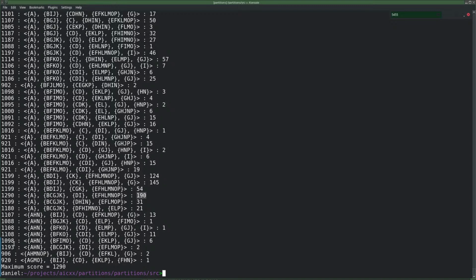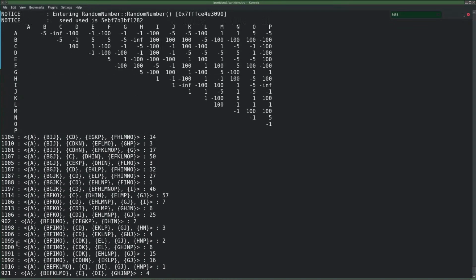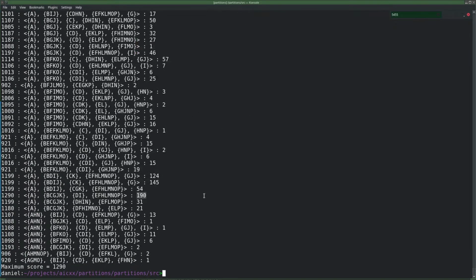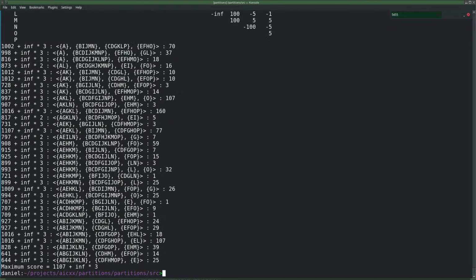They do not seem to be very evenly distributed, which is kind of logical, I guess, because I only use very strange values, plus or minus 100 and then plus or minus 5. I mean, that's a big difference. Sorting the output would be nice as well.